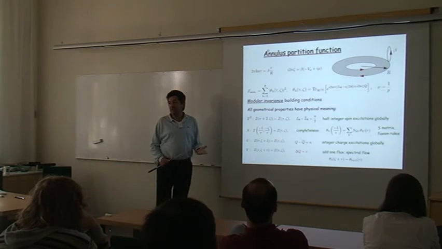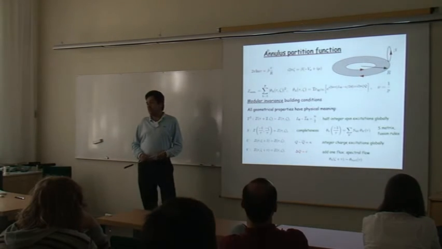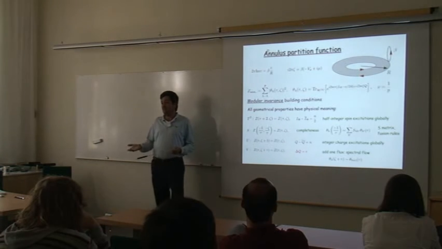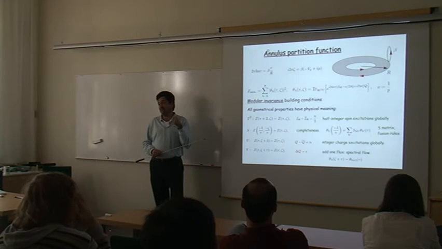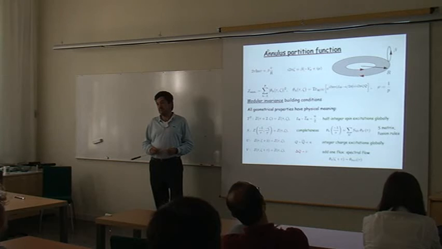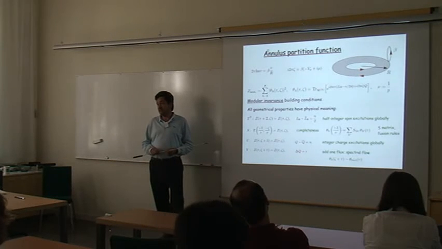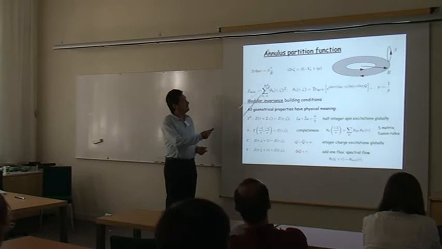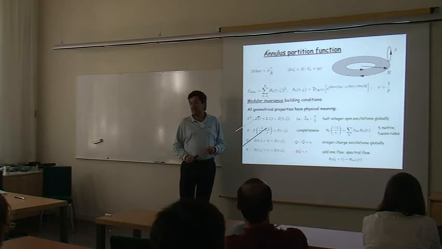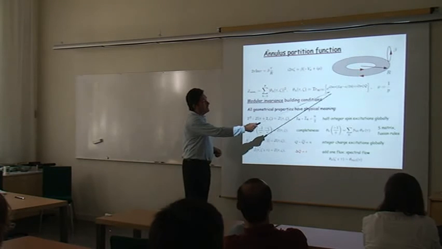For example, if you take a fermion, you will have 4 terms here, because it's plus minus on the 2 sides of the torus. That would be the partition function of fermions on the torus. We have 4 terms. But this is a c equal 1, it's a boson, so there are as many terms as there are fractional values.